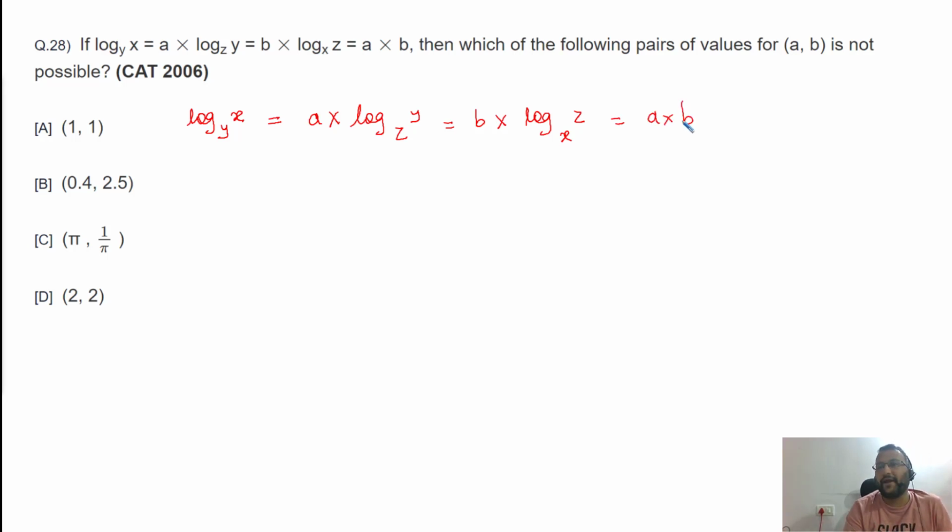So now we need to find the possible values for a, b. What is the relationship between a and b? That is what we need to find. First of all, let's get the value of a. The value of a, we can write log of x divided by log of y, divided by log of y to the base z.